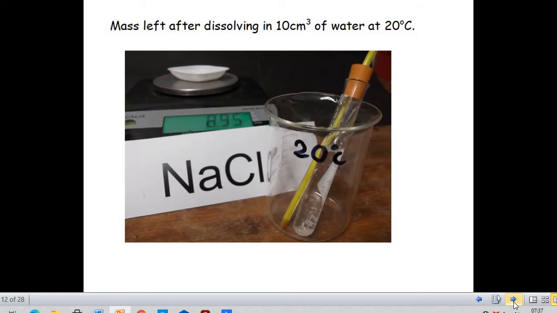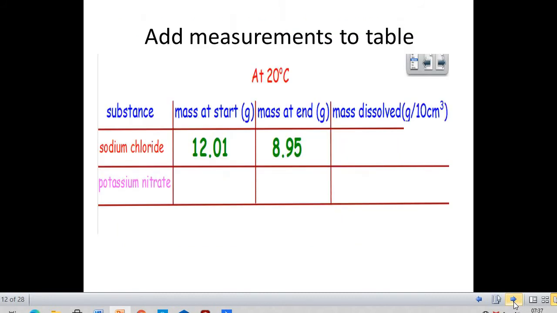So what we've done, and you can see in the test tube, you can see no more is dissolving now. We've got a little bit left over that hasn't dissolved, and you can see the mass on the balance. Okay, so that's how much has been put into the water.